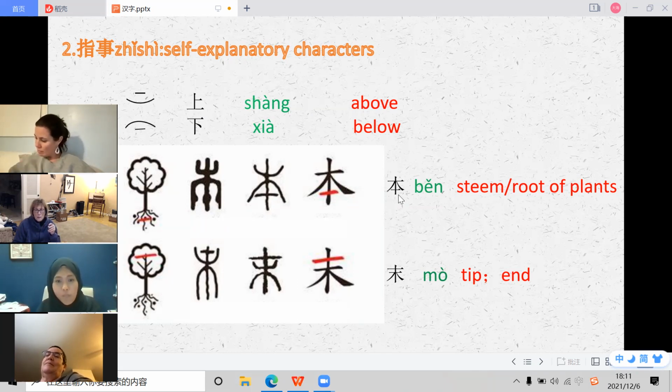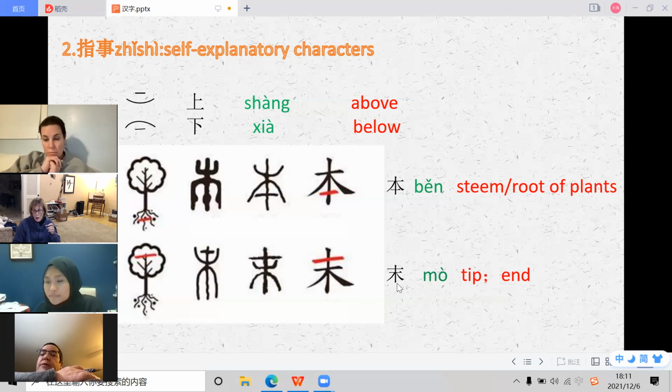And this is 本, ben, and 末, mo. 上, 下, 本, 末, right.